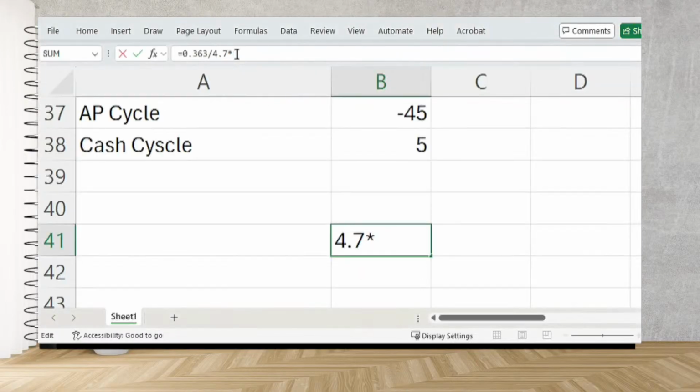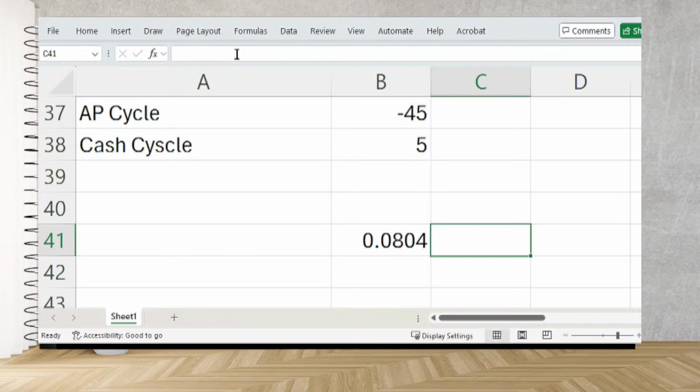So 1.041. So that is basically 8.04%, and then again we need to add the 4.1. What is this? 12.14%. Okay, or you can consider 12.1%.